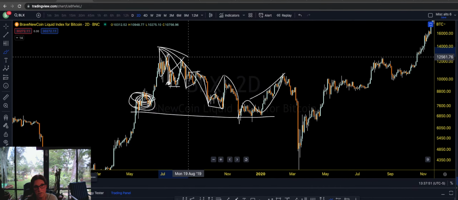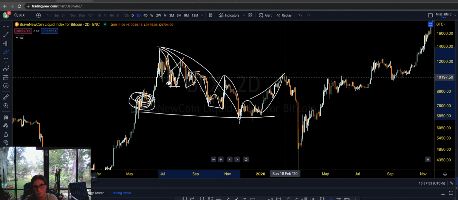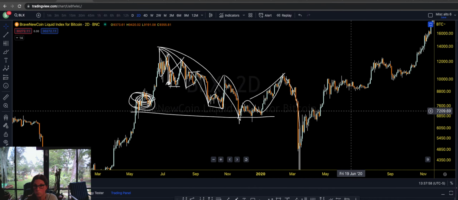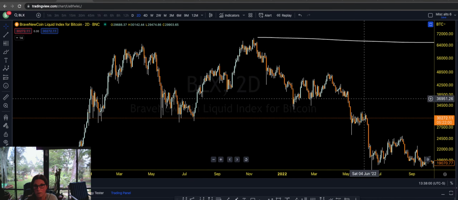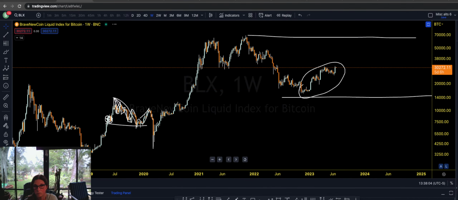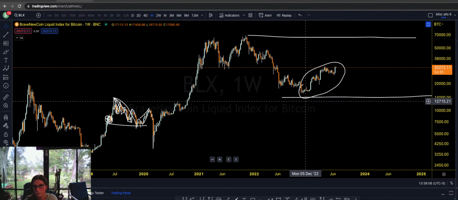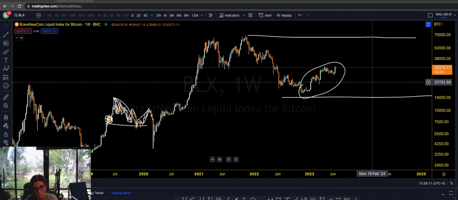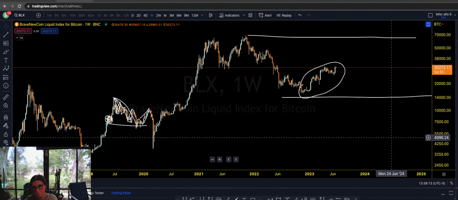Now, all of this leg needs its partner. So, that's how they work. If this ends up being a connector, this leg's going to need a partner. The higher it goes, the better. So when the partner comes, it's not going to be as deep.